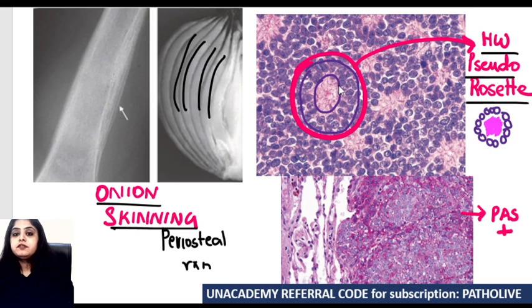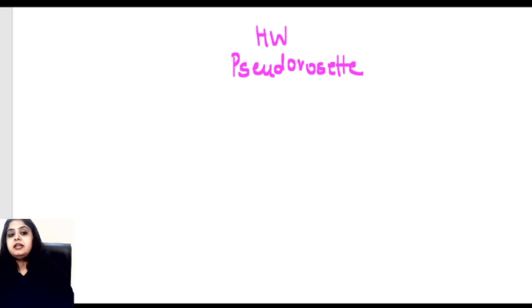Is it specific for this tumor? Not at all. I hope all of you remember the basic mnemonic that we have. Whenever I'm talking about a Homer-Wright pseudo-rosette, there are many tumors, but three that can show this, and those are the MEN tumors.